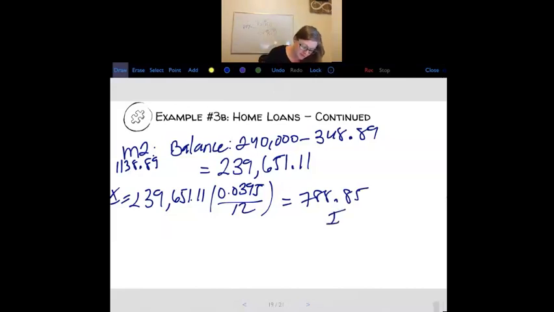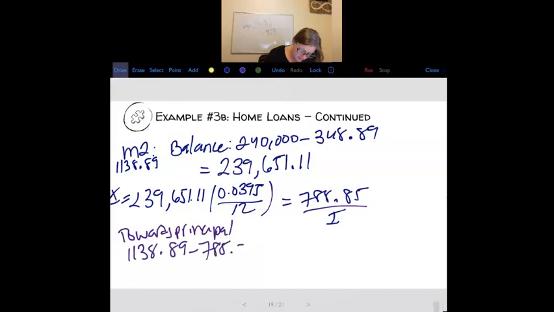To find out how much went towards the principal, you would take $788.85 and subtract it from your monthly payment amount to get $350.04.